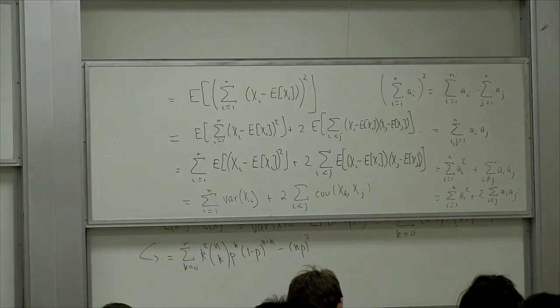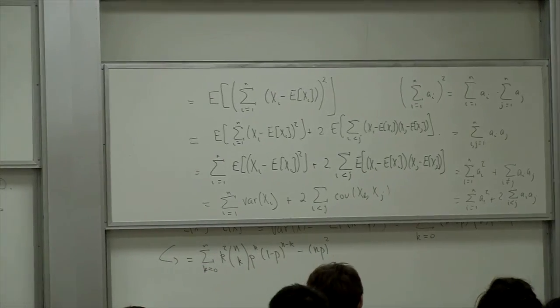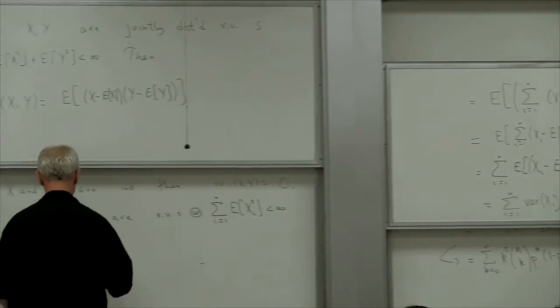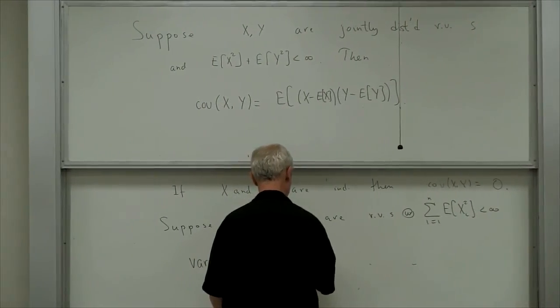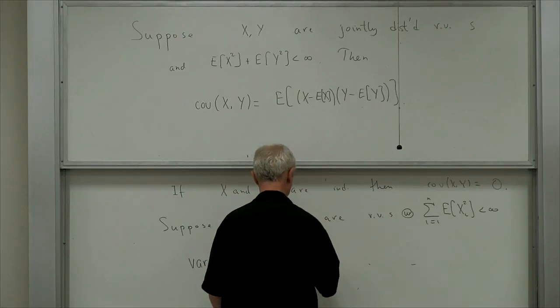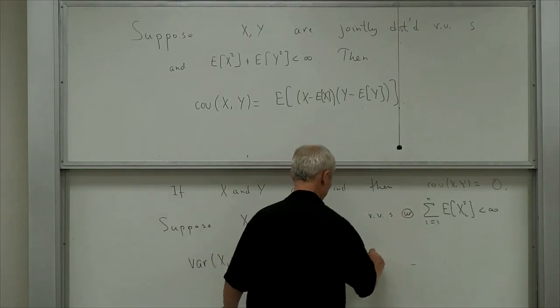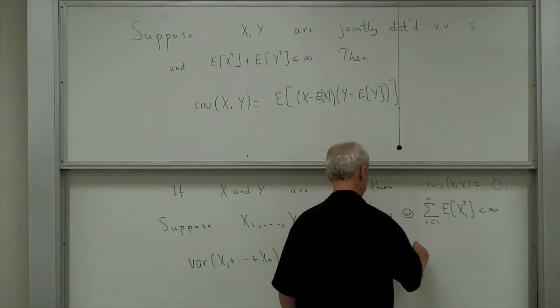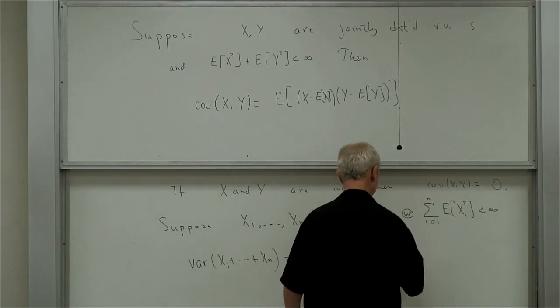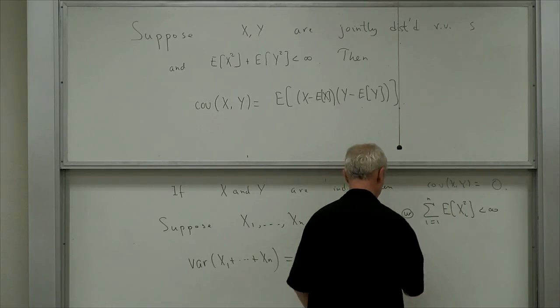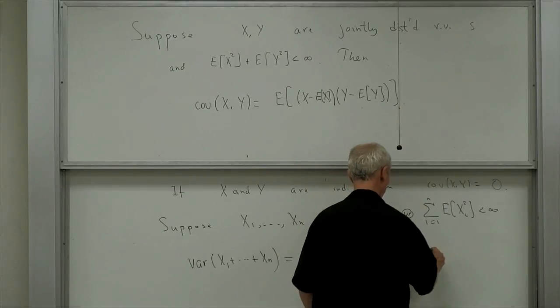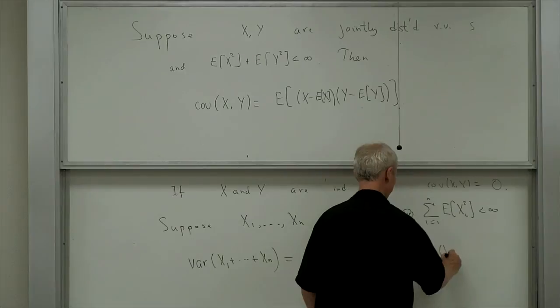The variance of a sum of random variables is the sum of the variances plus twice the sum, and maybe I'll refine the limits here a little bit, 1 less than or equal to i less than j less than or equal to n, of the covariance of x_i, x_j.